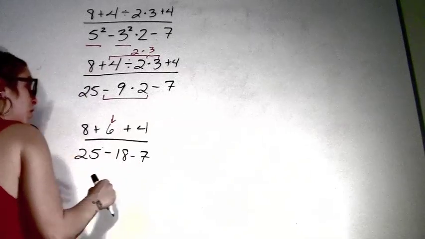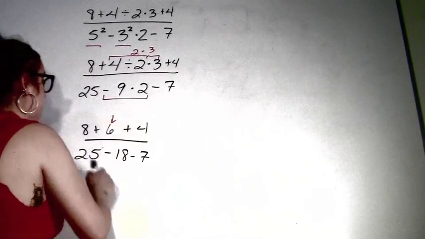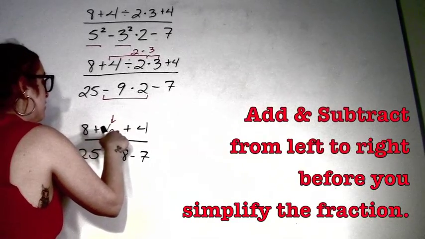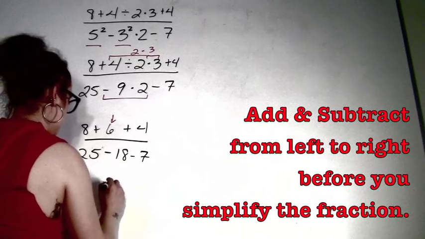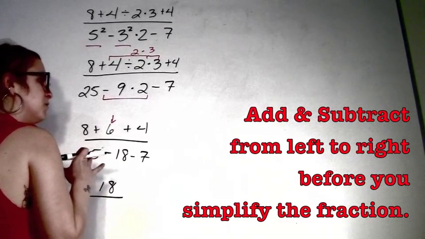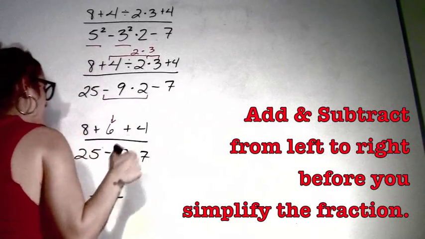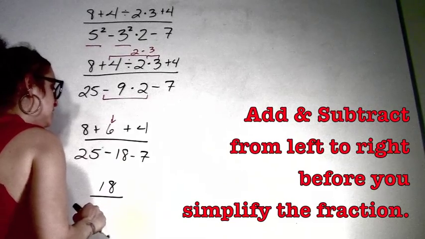Okay? So, oh, right, we're going to add and subtract from left to right now. So 8 plus 6 is 14, plus another 4 is 18. I foretell a problem. Okay, 25. Take away 18 is 7.